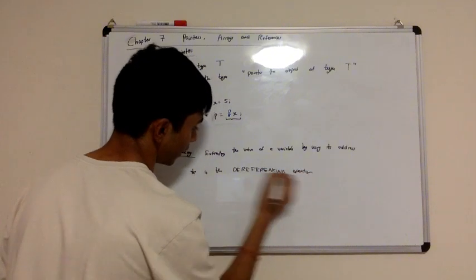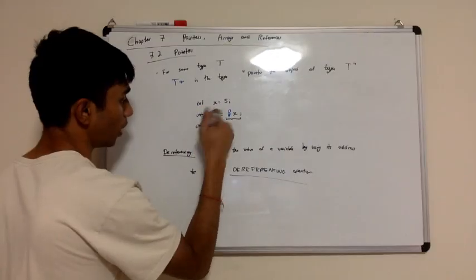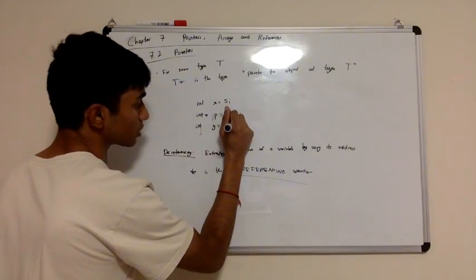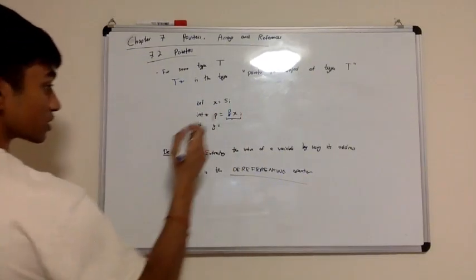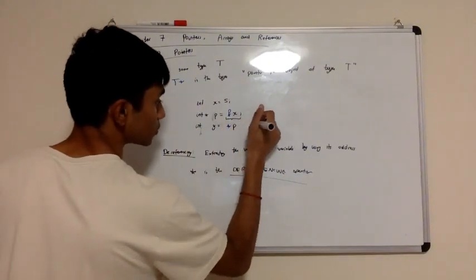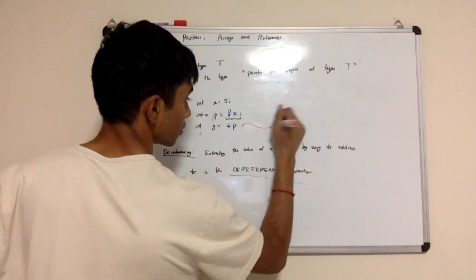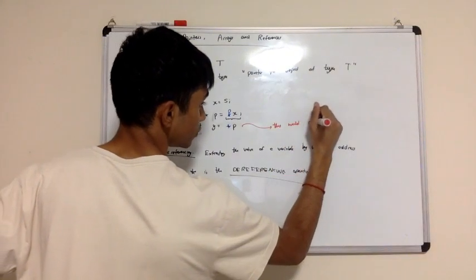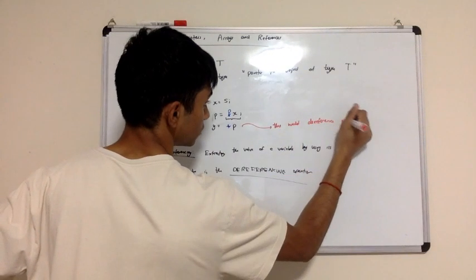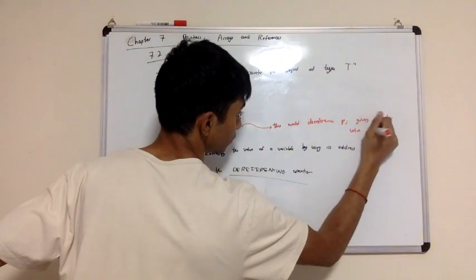And how it would look in practice is I could say int y equals star p. So what this would do is dereference p, giving y the value of 5.